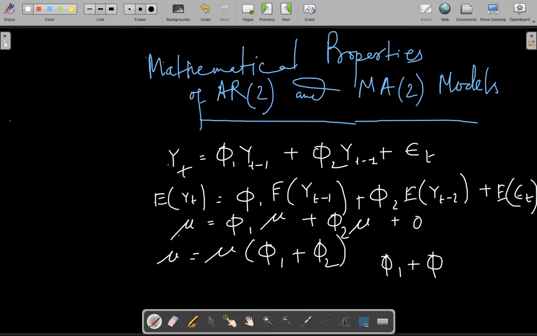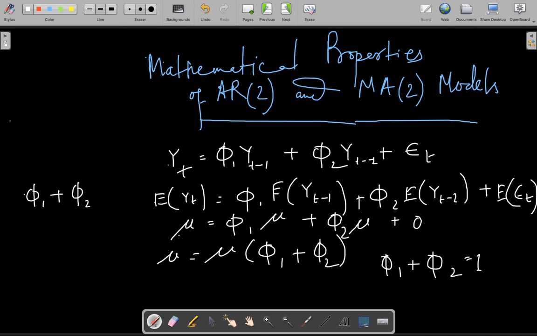Now, is that something that can actually guarantee that my AR2 series is stationary? If you remember in the last lecture, we derived a property from the roots of the AR polynomial, where we saw that phi 1 plus phi 2 has to be less than 1.